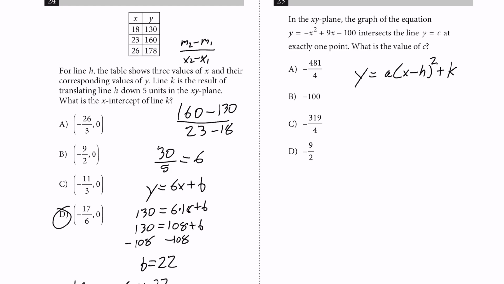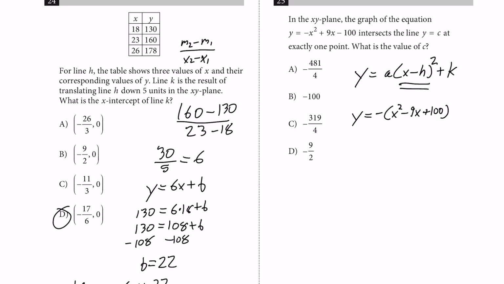We need to first address this x minus h part, because we have an x squared term and an x term. So we can do what's called completing the square. First we'll take y equals, and factor out the negative: x squared minus 9x plus 100.